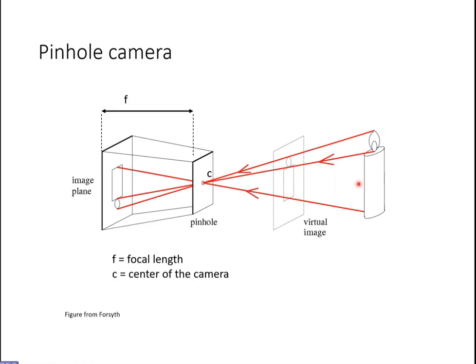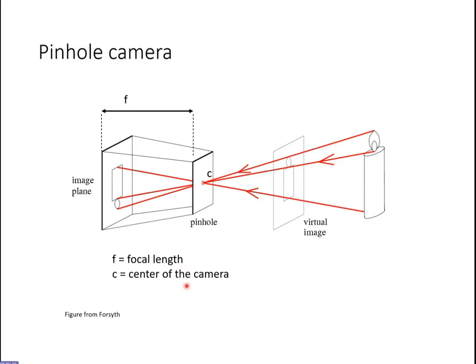So this is called a pinhole camera. It means you just use a small pin to allow certain light rays through to form your image on a plane. There are some terms. The focal length means the distance between the pin and your image plane.